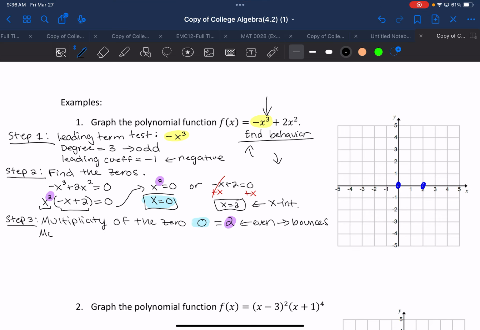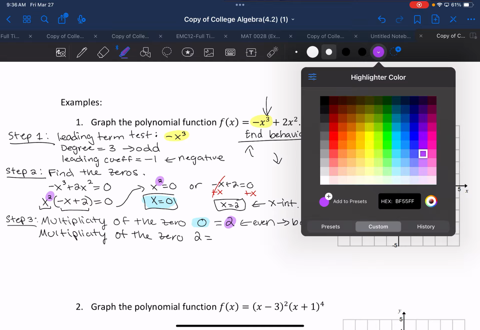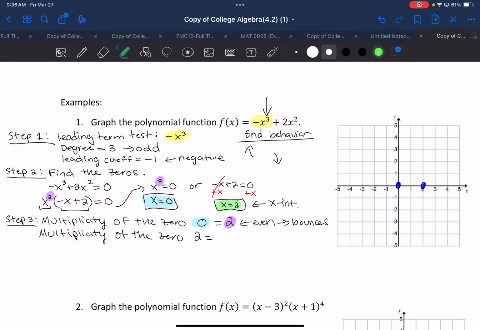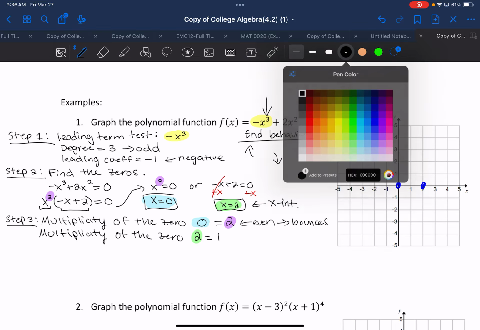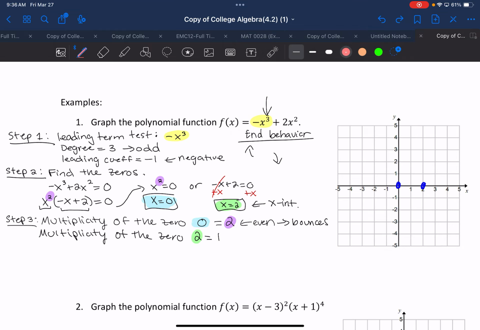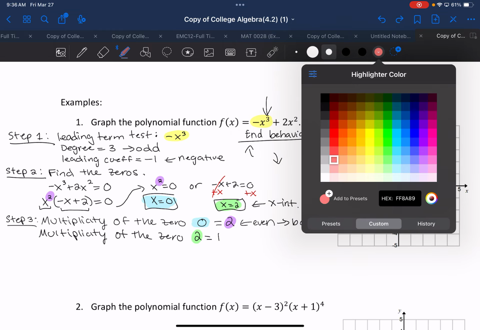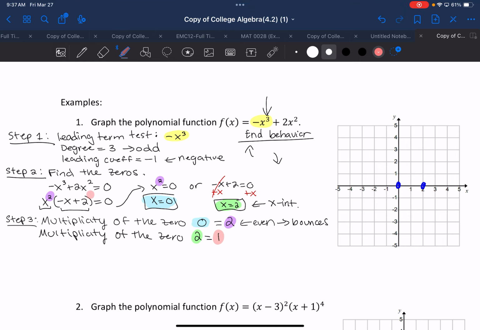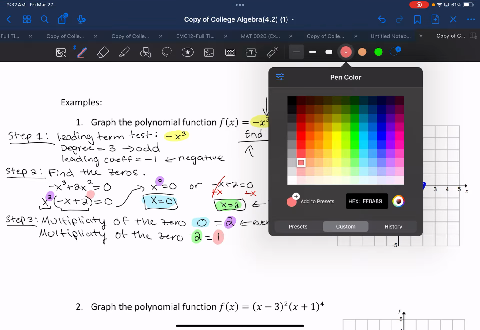Okay, and then the multiplicity of the 0, 2, so I'm talking about this 0 we found here, would be 1, because that is the exponent of the factor of that 0.